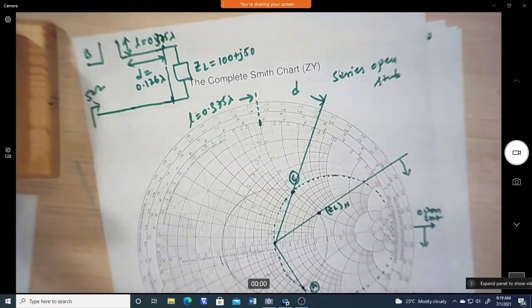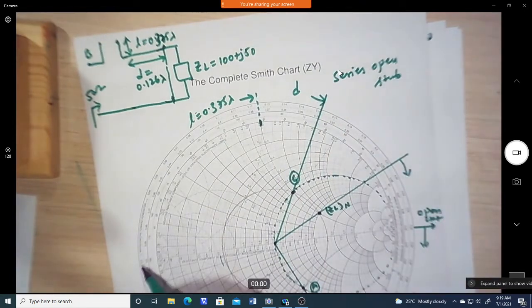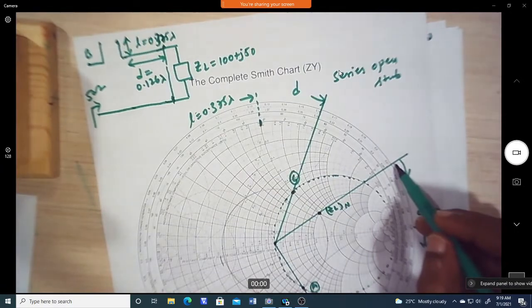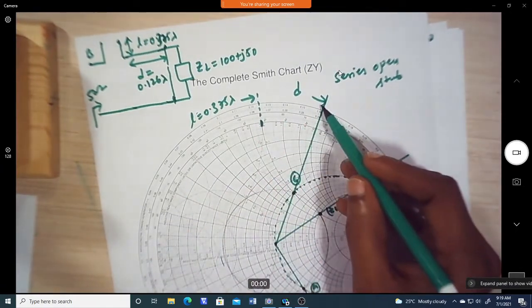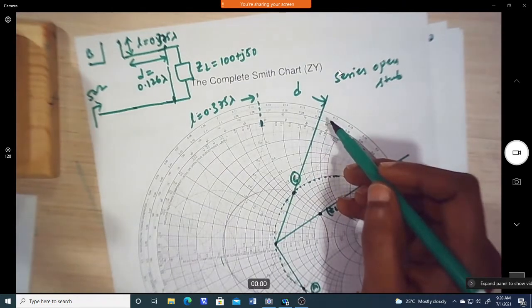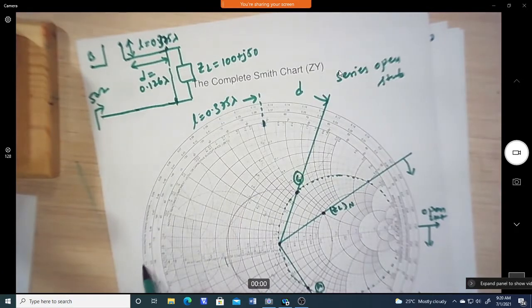Or you can first measure from here to here and then from here to here. Since it is 0.5 minus 0.212, you can subtract and take that distance and add this distance also.